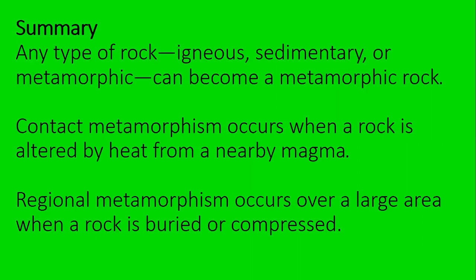It doesn't melt the rock. Regional metamorphism occurs over a large area when a rock is buried and compressed. So contact metamorphism, mostly heat. Regional metamorphism, mostly pressure. You can have combinations of those.